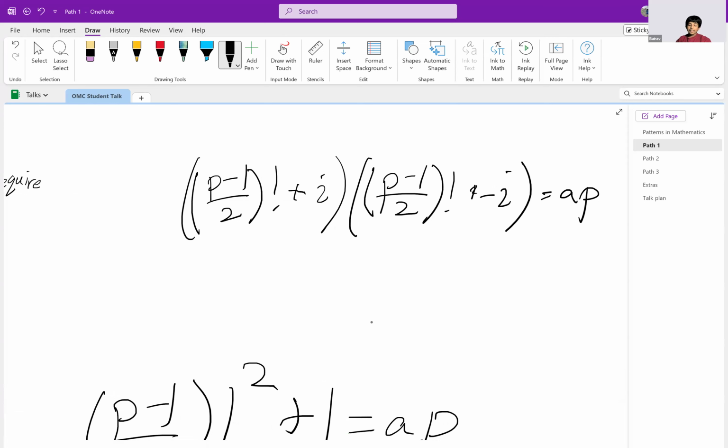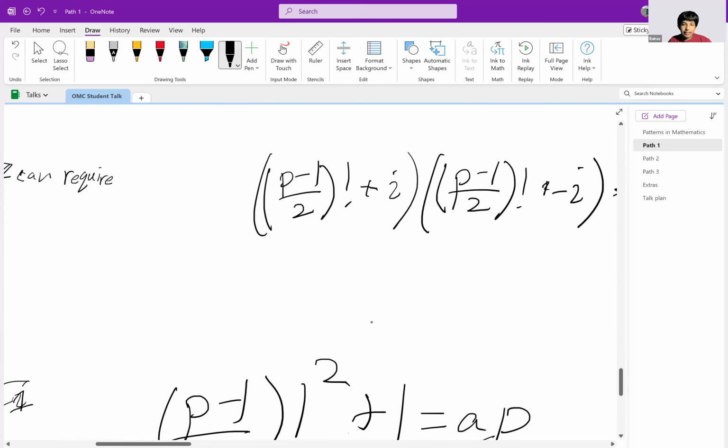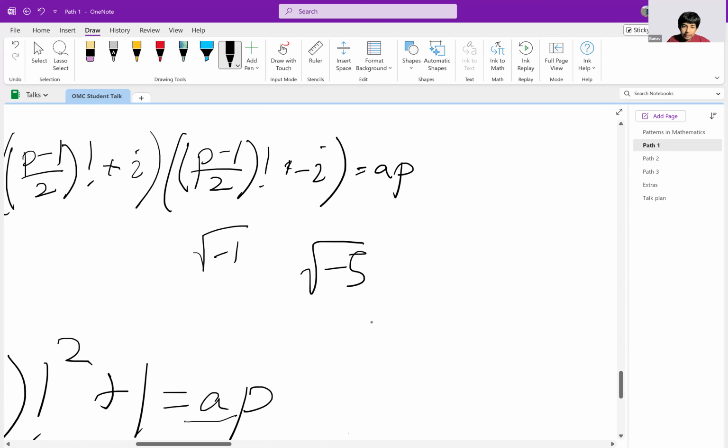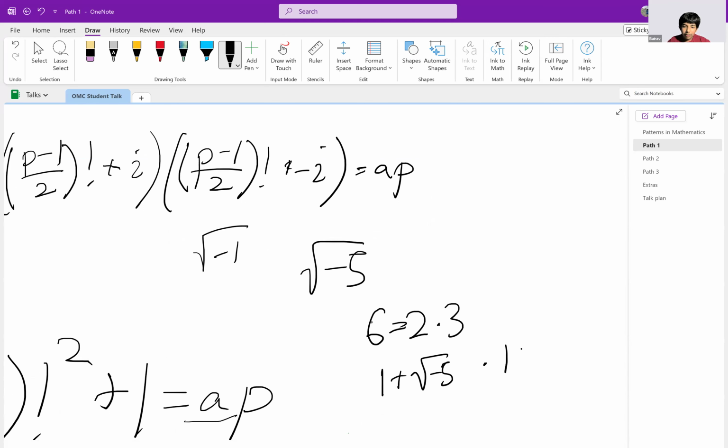This is not necessary in fact, because if we take arbitrary things, instead of the square root of -1, we can take the square root of -5 and have 6 equal to 2 times 3 and 1 plus root of -5 times 1 minus root of -5, and this is 1 minus -5, which is 6.